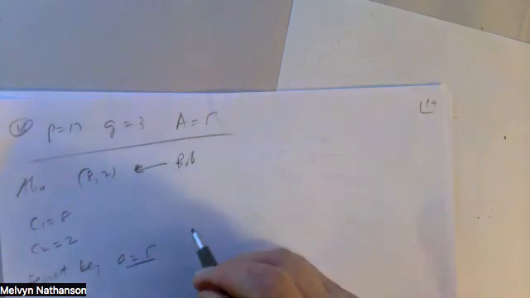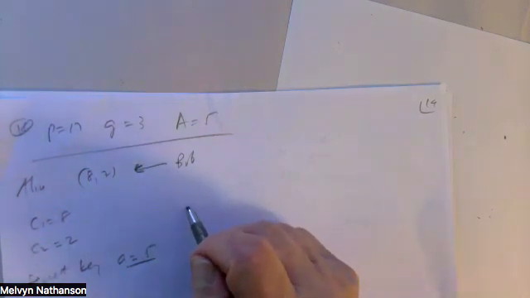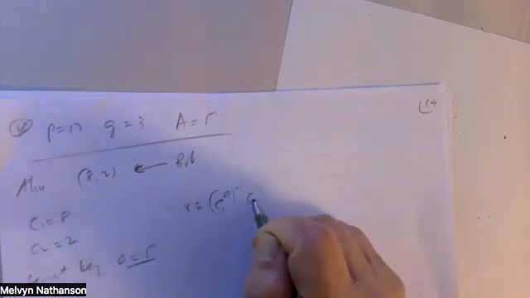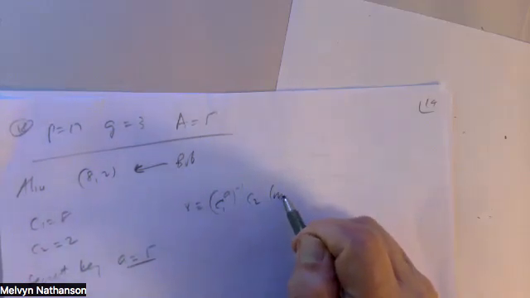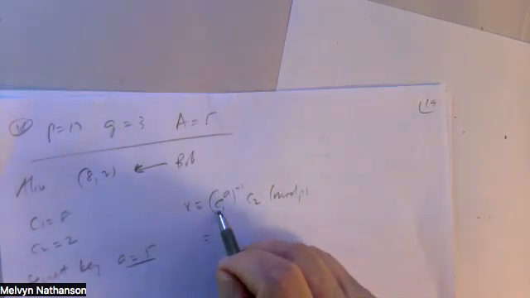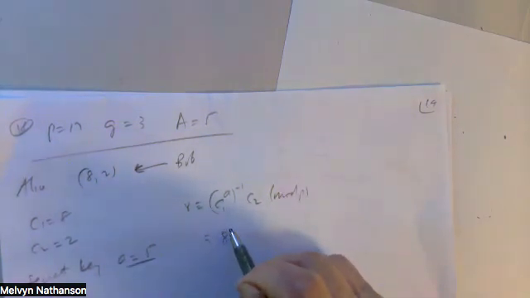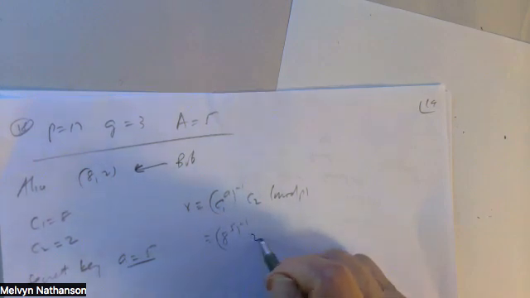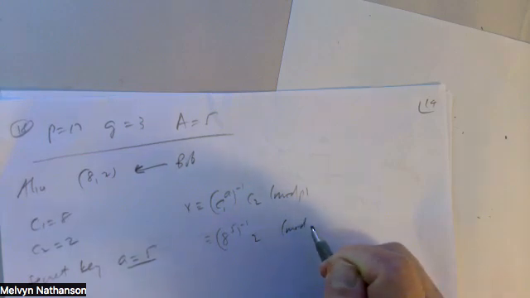So what Alice computes is the plain text X, which is going to be C1 to the power A, inverse, times C2 mod P. So C1 is 8. This is 8 to the 5th, inverse, times 2, mod 17.